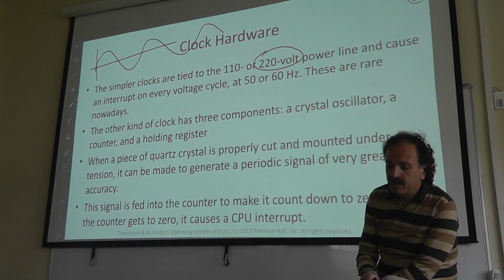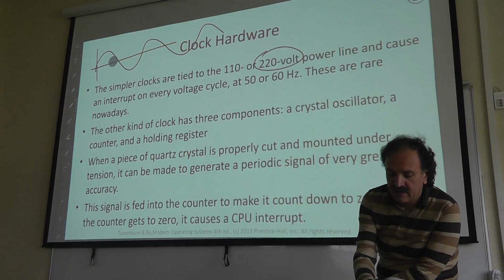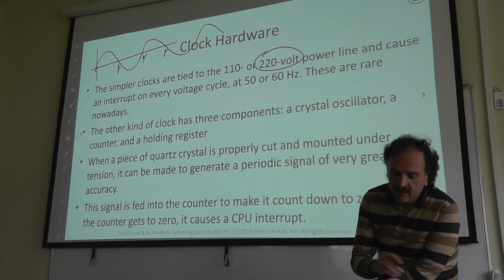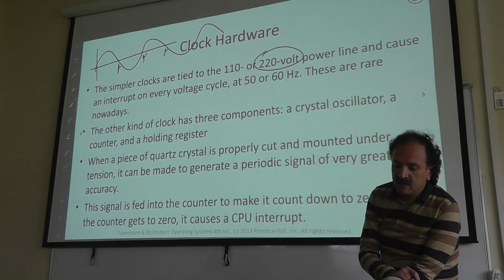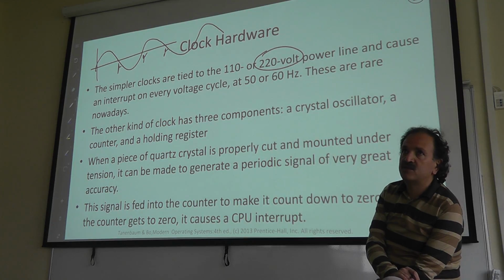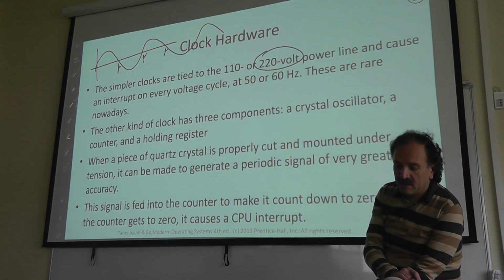So they used to trigger a clock tick at the zero cross of these waves. So the clock was free for the computer. It didn't have any hardware. It was just using the regular power to drive the clock.